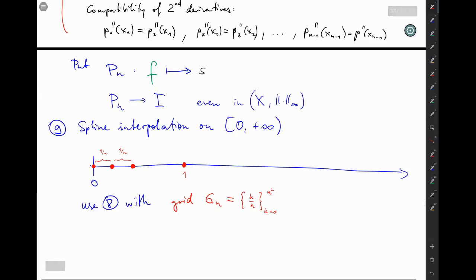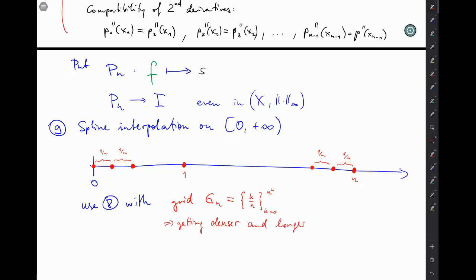So your last point will not be 1, it's going to be n. But still the spacing is 1 over n. So your grid is getting denser and longer at the same time when n is growing. Okay, now I think after 9 examples, everyone's happy example-wise.